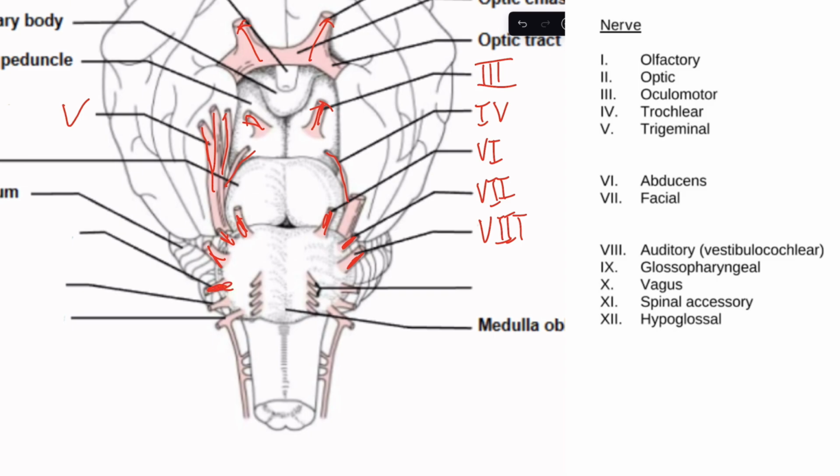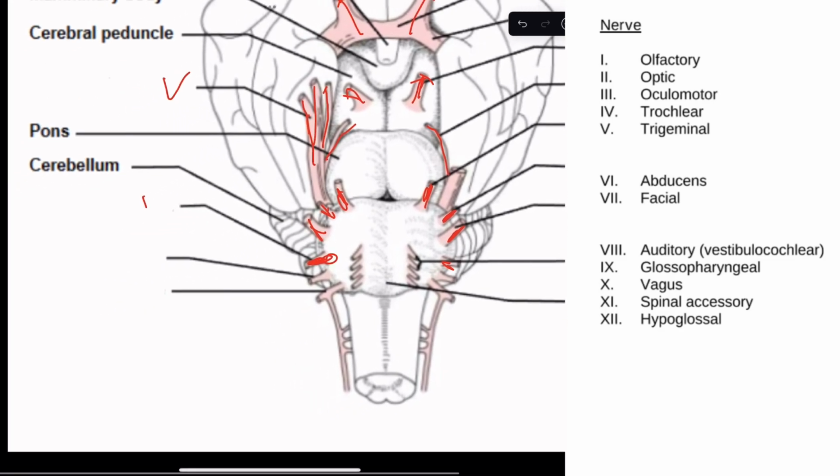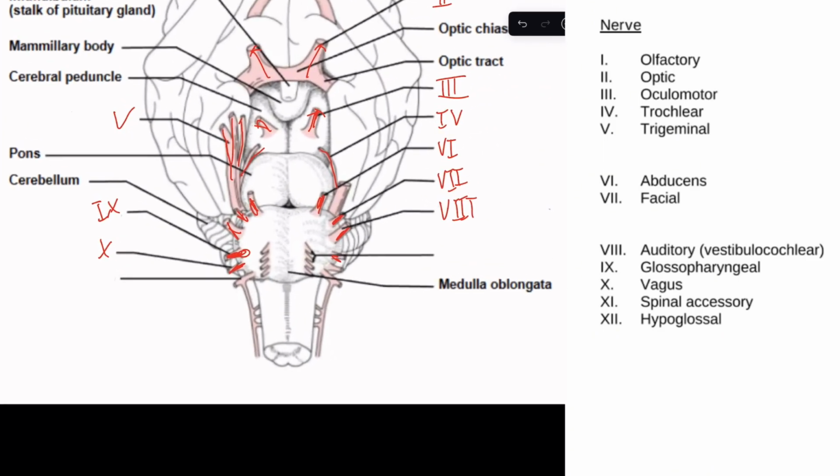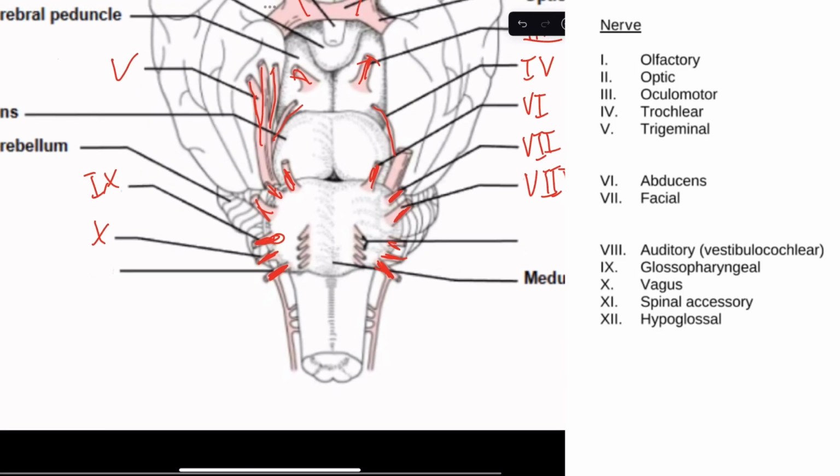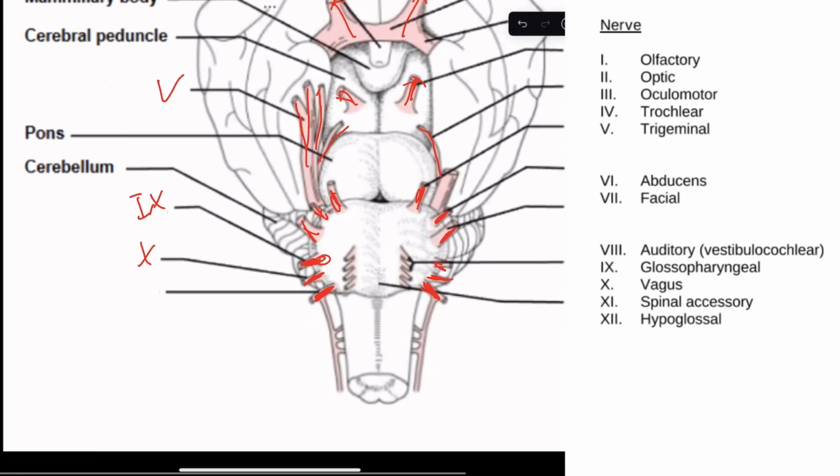This nerve right here is known as the glossopharyngeal nerve, and the Roman numeral for it is IX. This nerve right here is known as the vagus nerve, and then the Roman numeral for vagus nerve is X. Okay, the 11th nerve is these structures right here, and it's known as the spinal accessory nerve, and then the Roman numeral is XI.